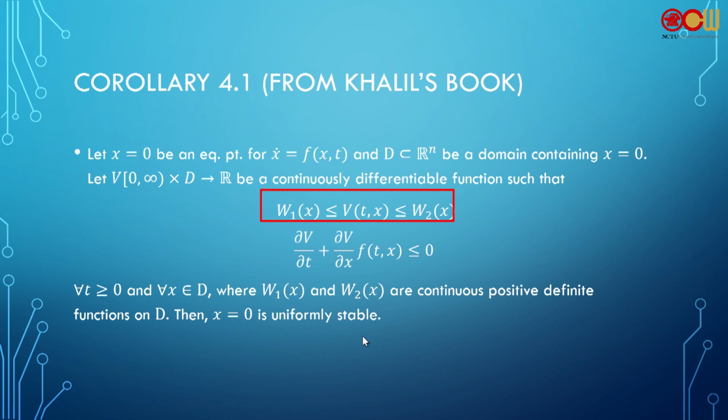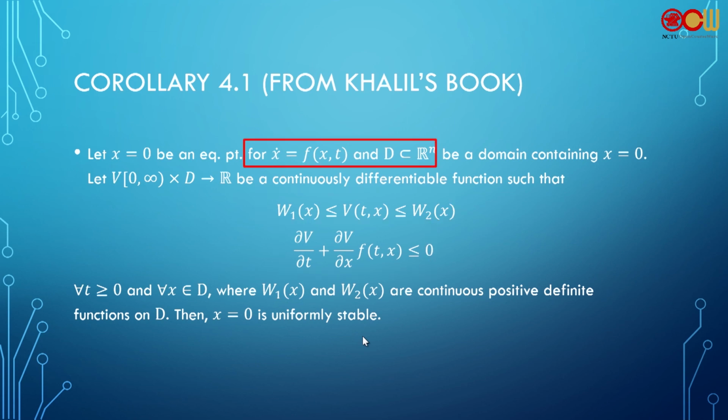And this V is the Lyapunov function for this dynamics. So the time derivative of V, which is this, right? Because it has two arguments, one is time. So when you take the time derivative of V, you need to do the partial first with respect to time and do the chain rule with respect to the second argument, in order to introduce the dynamics. So this is the time derivative of this V.